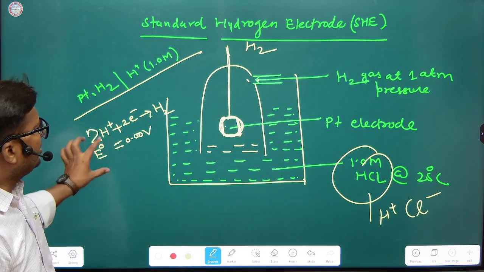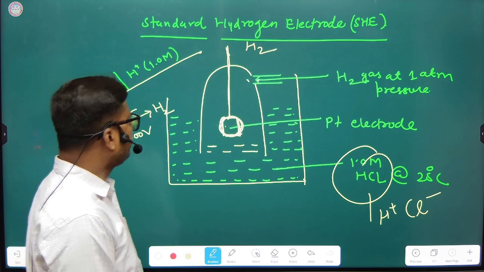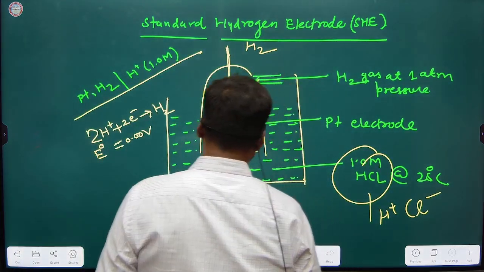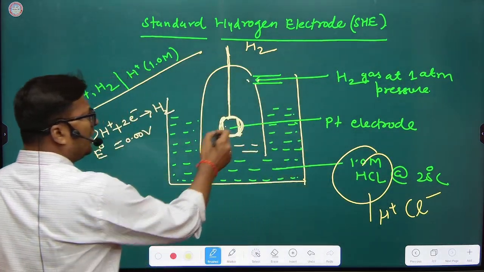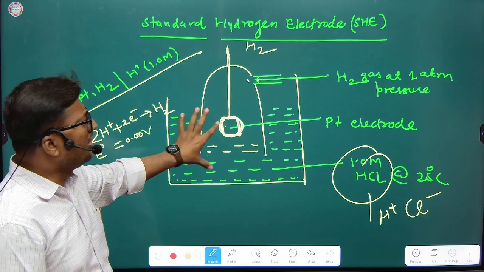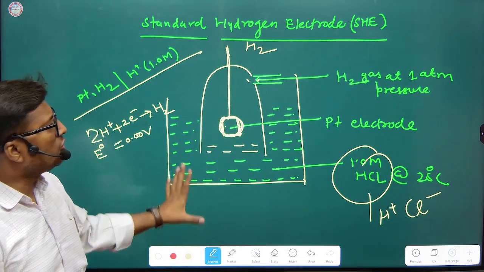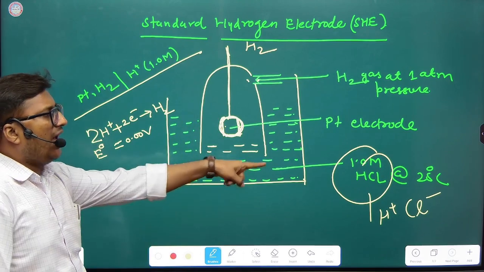So it has zero standard reduction potential. Once this platinum electrode comes into contact with the HCl electrolyte, there may be either oxidation or reduction of the H plus.